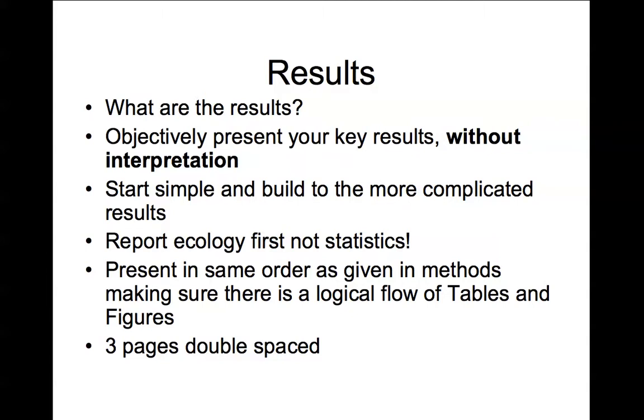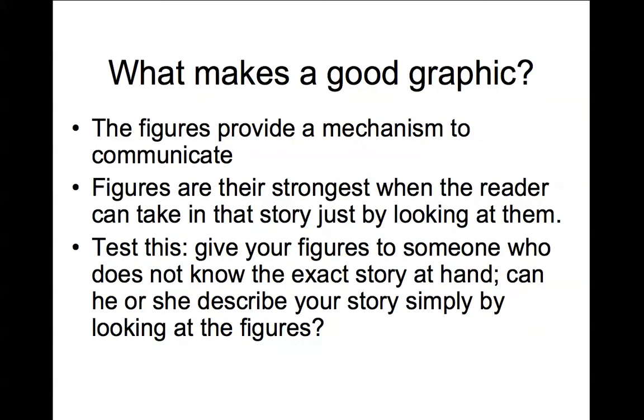And present, I already said this, in the same order as given in the methods and the end of the introduction, where you state your hypotheses and your questions. And make sure there's a logical flow of the tables and figures so you don't have to jump back and forth. This section of the paper should be about 3 pages double spaced.